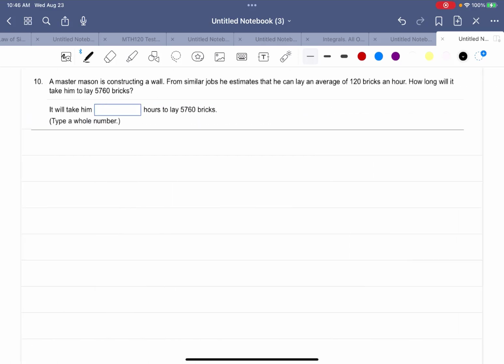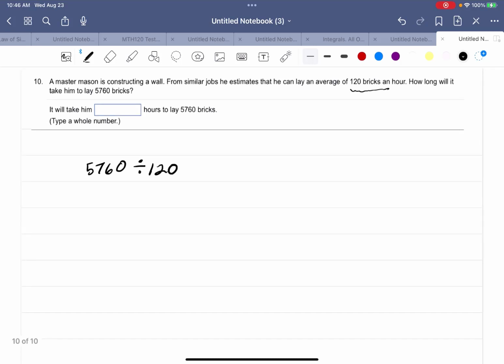A master mason is constructing a wall. From similar jobs, he estimates that he can lay an average of 120 bricks an hour. How long will it take him to lay 5,760 bricks? So we have to find our time to lay 5,760 bricks, so we're going to have to divide by the number of bricks we can do in an hour.